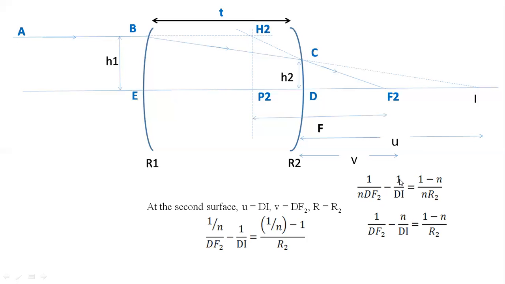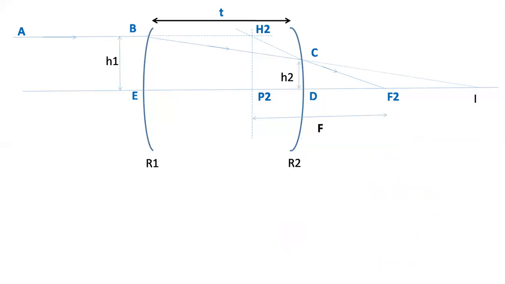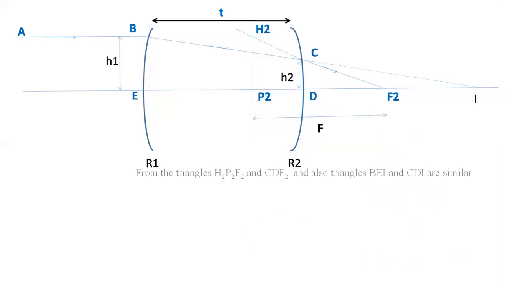Here n gets cancelled, giving minus n/dI, and on the right side n gets cancelled, therefore (1−n)/R2. Therefore, 1/dF2 is equal to n/dI plus (1−n)/R2. This is taken as equation number 2. You have to remember these two equations.